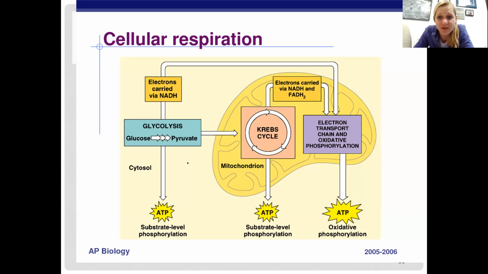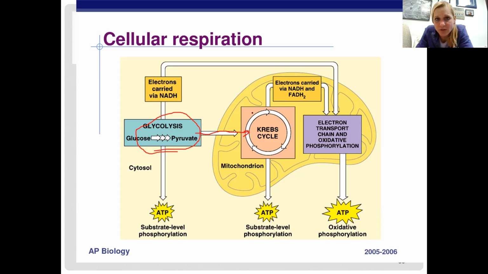So again, here's a summary of what's going on with the three systems as it relates to aerobic pathways. First you start with glycolysis, and we said glycolysis involves one sugar molecule breaking down into pyruvate or pyruvic acid. Then we convert that pyruvate into acetyl-CoA. As we move into the mitochondria, we'll enter into the Krebs cycle where we get a net gain of NADH and FADH.